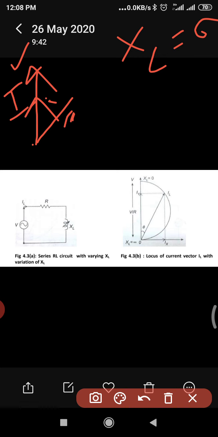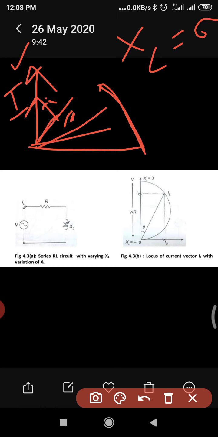After that, if you increase step by step, we get the phasor diagram like this. That means the current through the inductance is 0 at the start, and if you increase further it becomes maximum. Okay? This is about the locus diagram for XL.